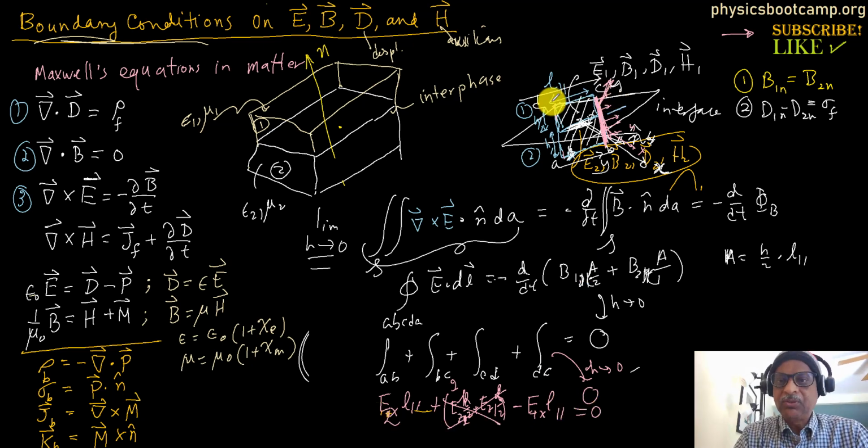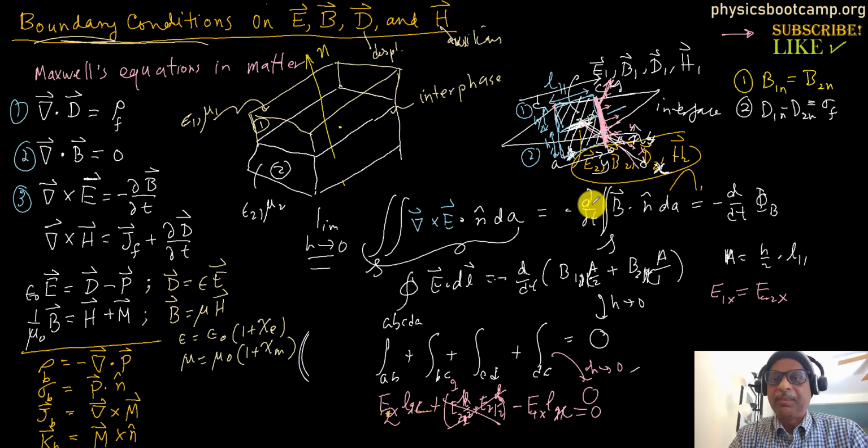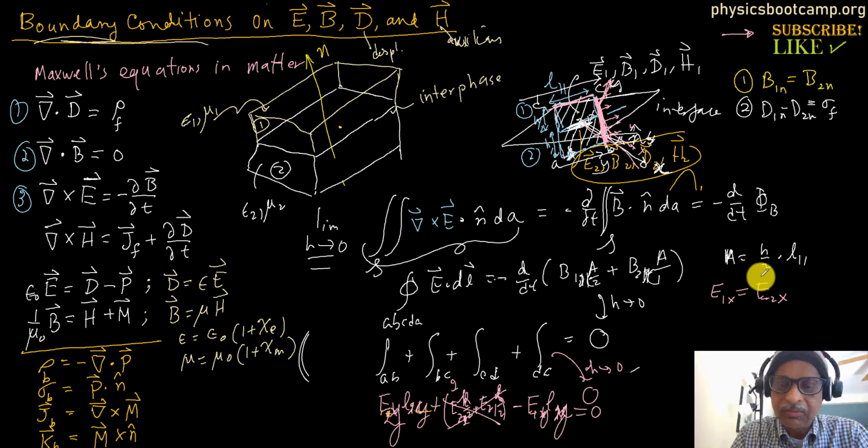Here L parallel is L along the x. So we say E1x equals E2x. This should be along the y direction, not x. This is the y direction.